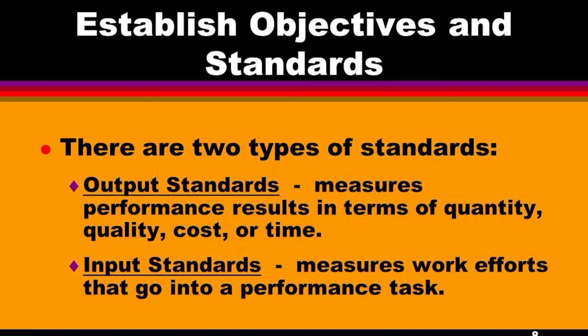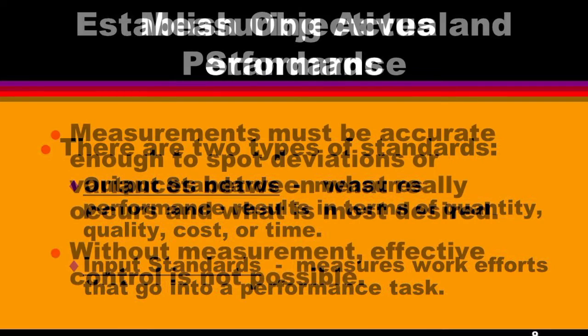And input standards measure the work efforts that go into the performance of the task. How much time they are spending to execute the work at high level jobs. Usually these standards they will verify. So standards are of two types: one is the output standard, and the other is the input standard.